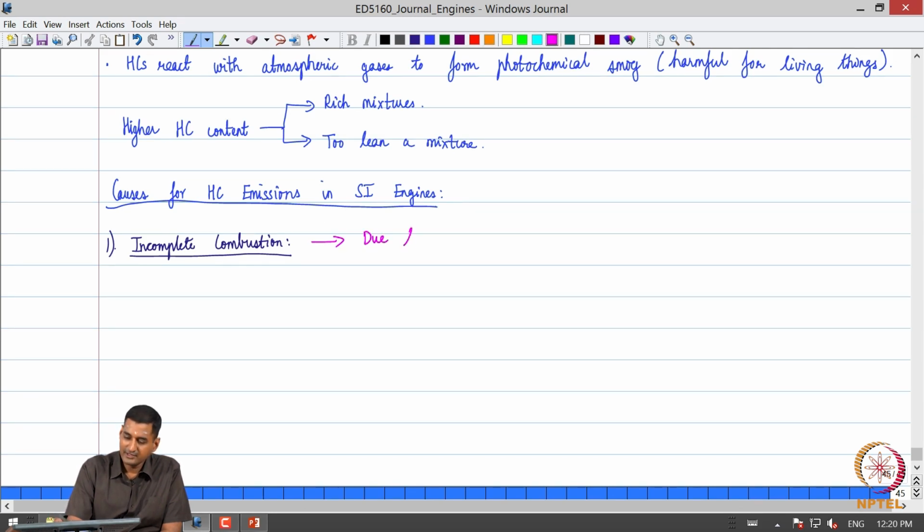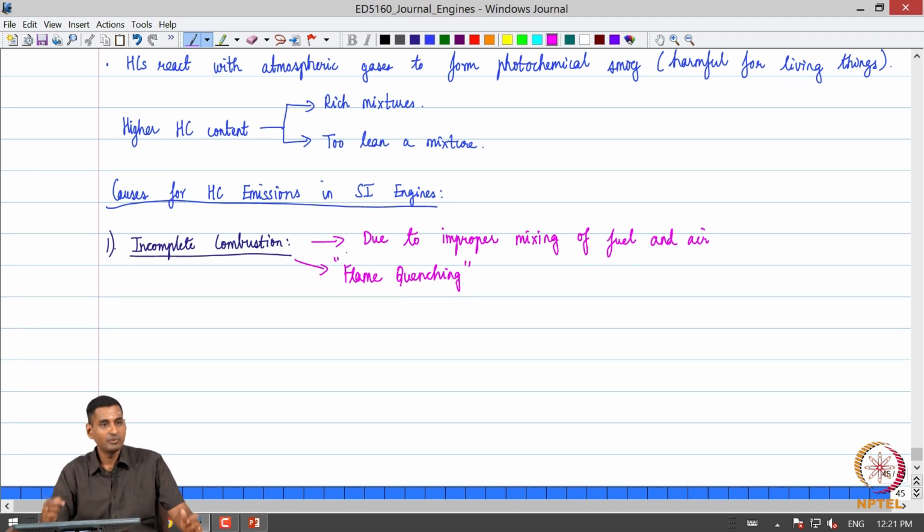One is improper mixing of fuel and air, because if the fuel and air do not mix properly to form a homogeneous mixture, we are going to have incomplete combustion. Second factor is what is called flame quenching. So what is meant by flame quenching? The flame gets put out before it can burn all the fuel.